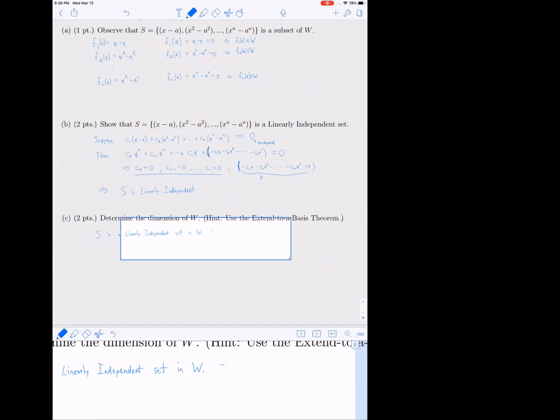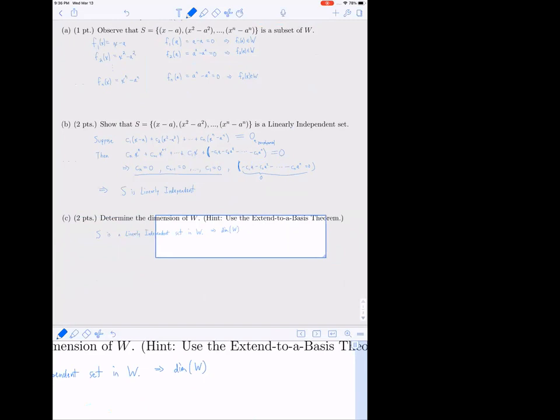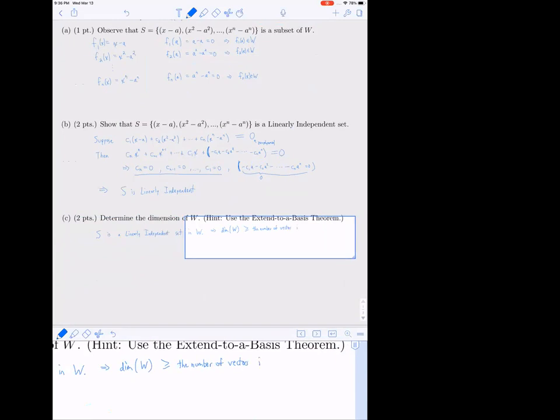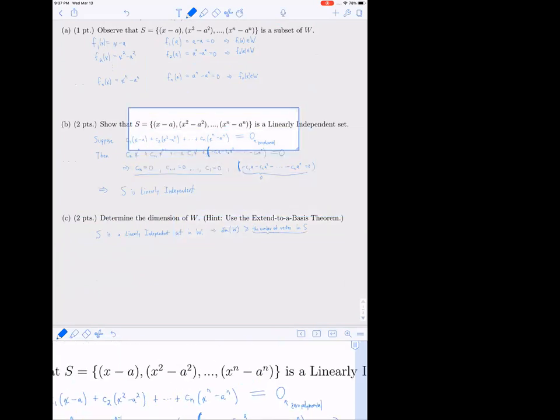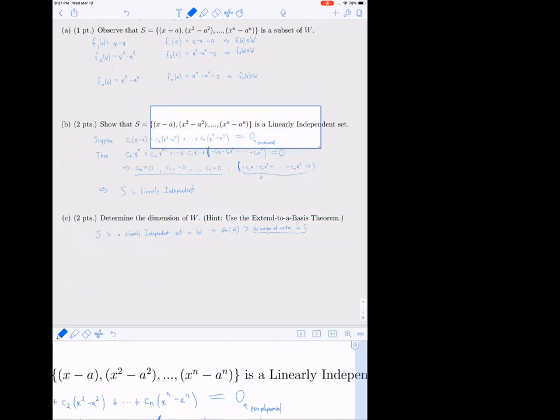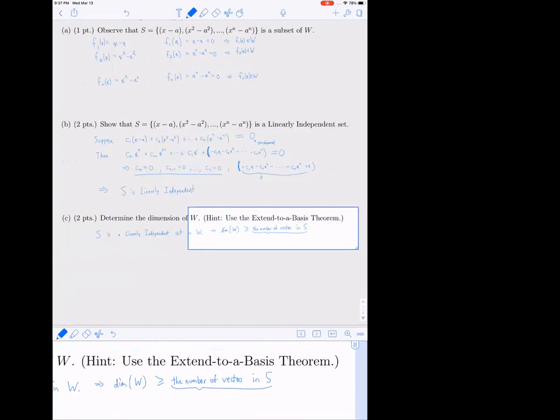So this tells us that the dimension of W is going to have to be greater than or equal to the number of vectors in S, which is, let's look at S again, x to the first power, x squared, x cubed, up to x to the n power. There are exactly n vectors in there.